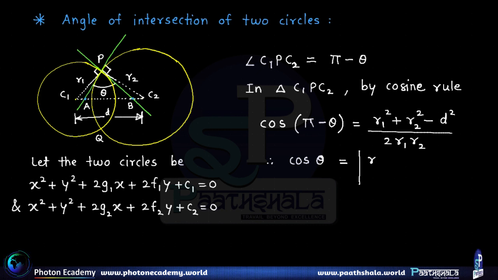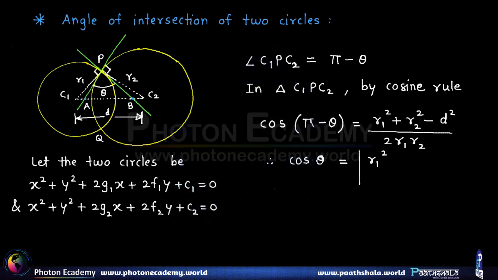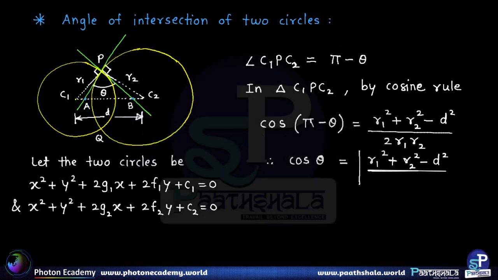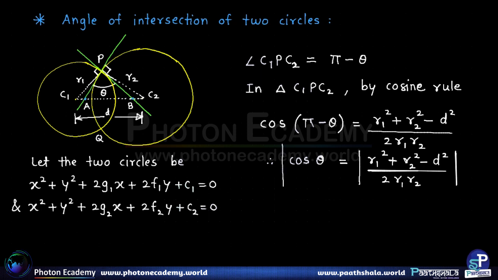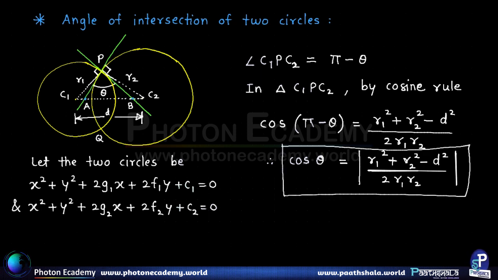So that gives us mod of R1 square plus R2 square minus D square upon 2 R1 R2. So that's the expression for angle of intersection of any two circles.